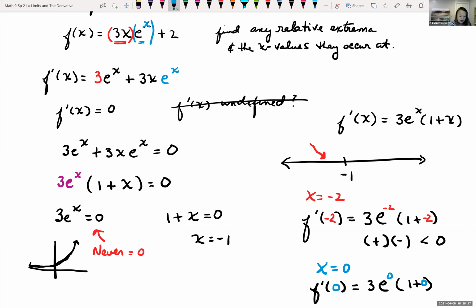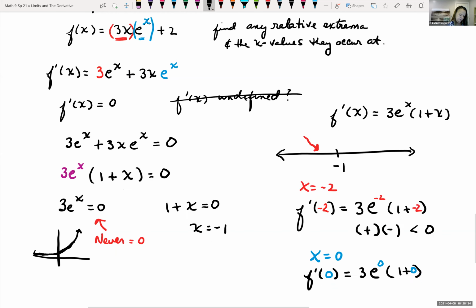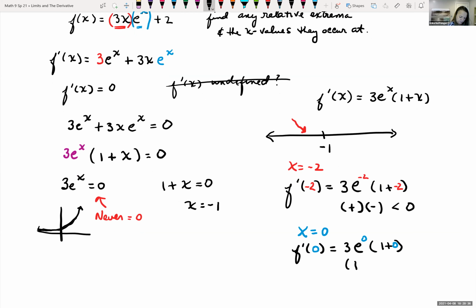Well, e to the 0 is 1, times 3 is 3, so that's a positive times a positive, which is positive. So that's greater than 0, which means my function is increasing on the right of negative 1.